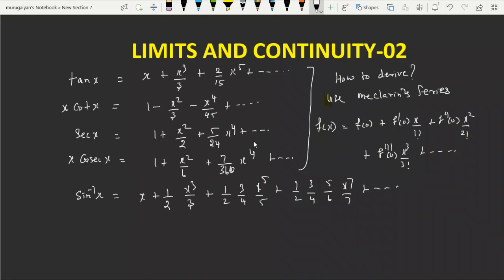Keep going. So this is the infinite series form of sine inverse x.